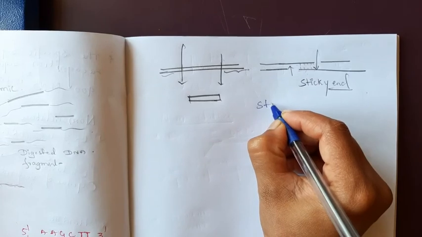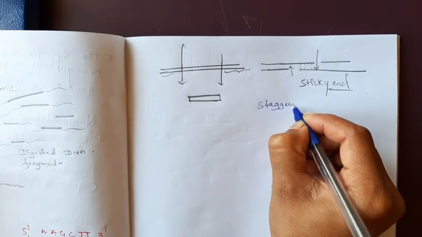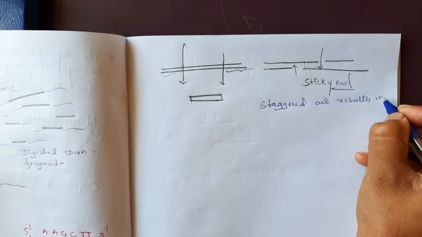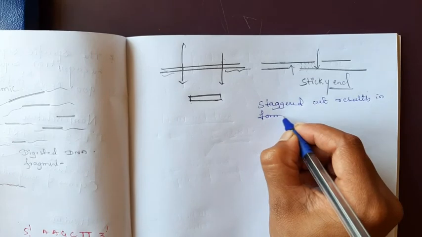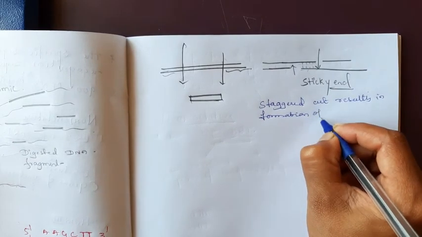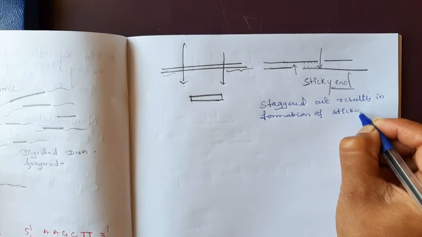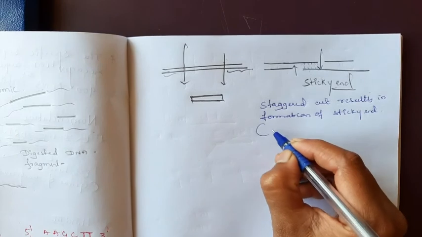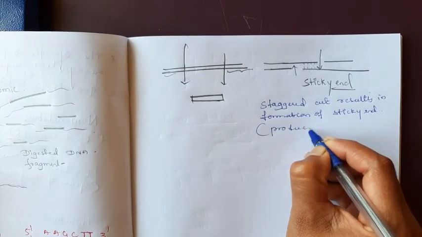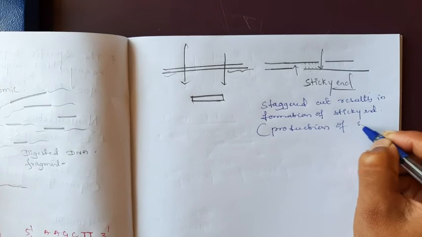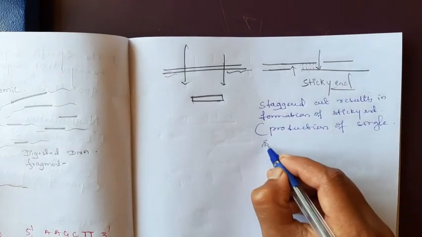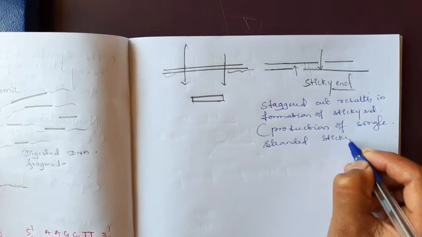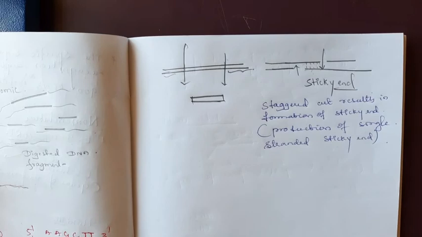Staggered cut results in the formation of sticky ends, that is the production of single stranded sticky ends.